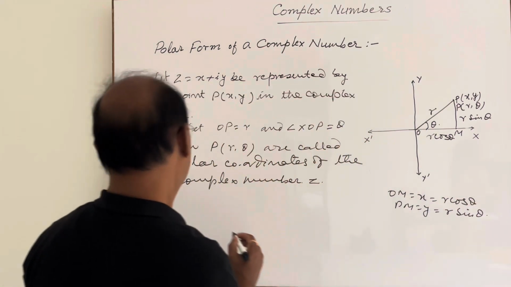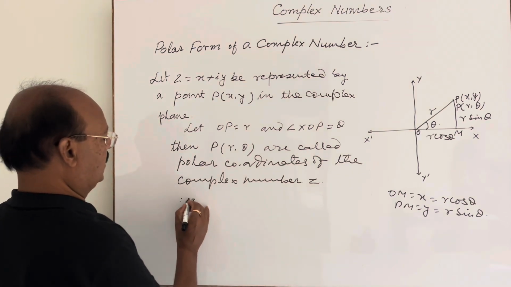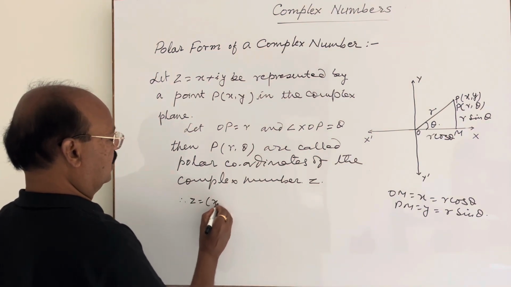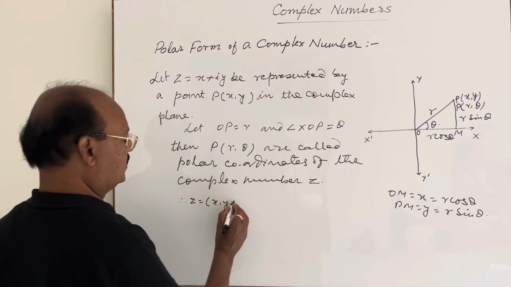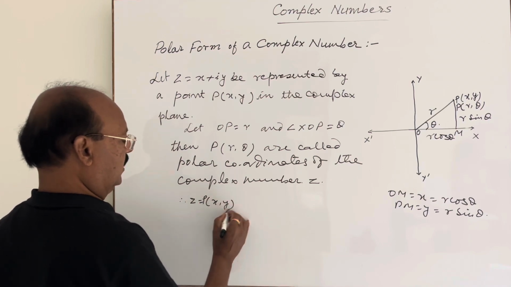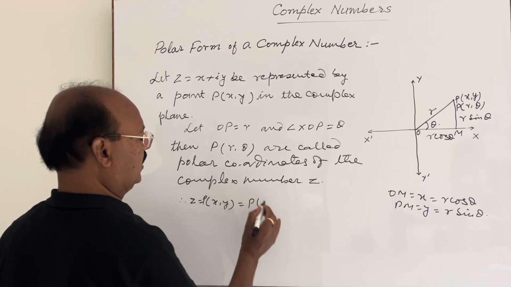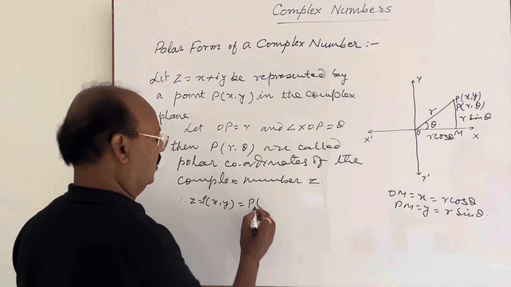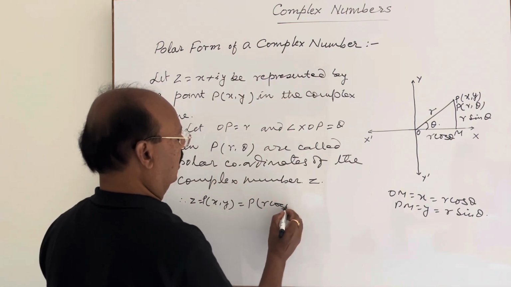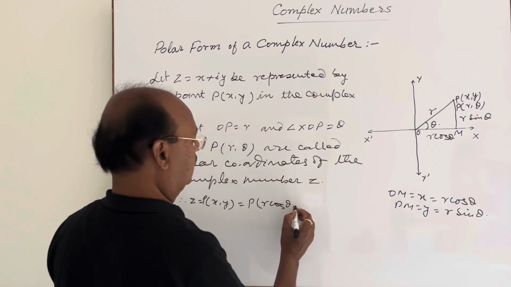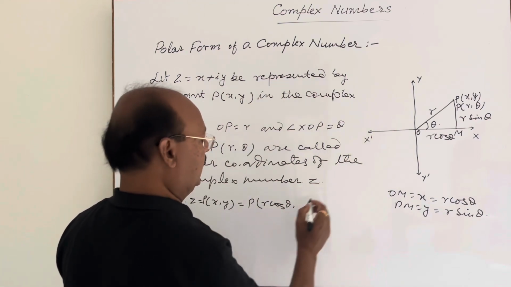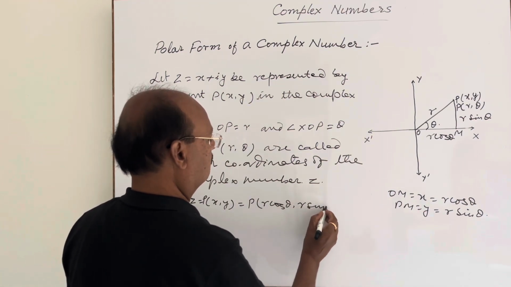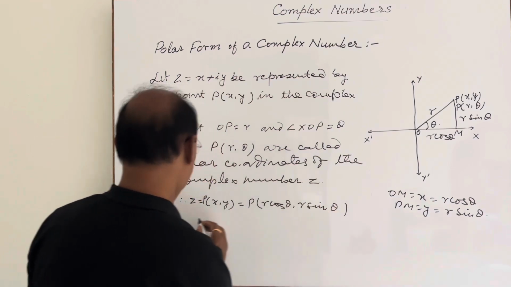Therefore the complex number z with coordinates (x, y) can be written with OM as r cos theta and PM as r sin theta.